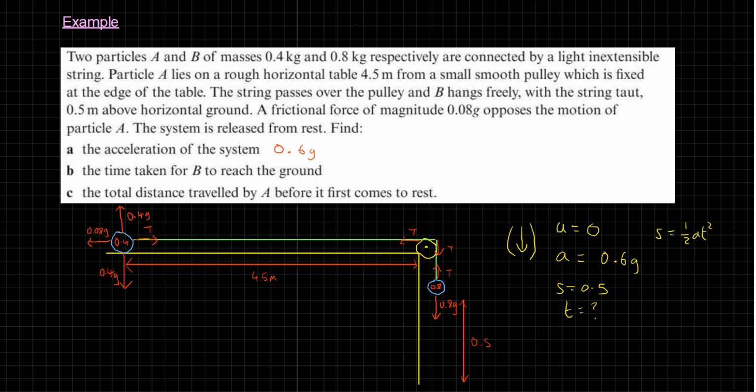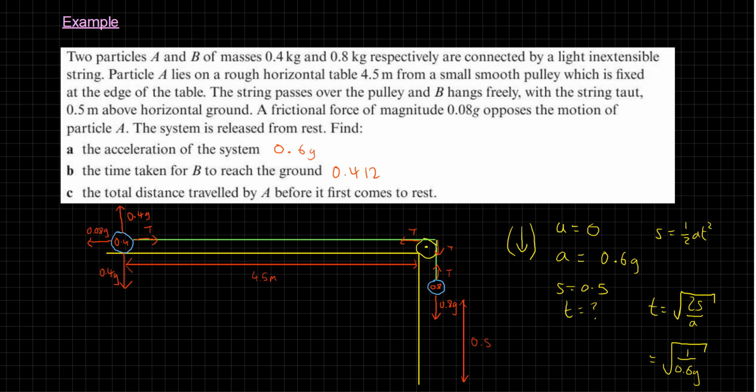Or in other words, t is going to be equal to the square root of 2s over a, which is the square root of 2 times s, which is 1, all over a, 1 over 0.6 g. Take the square root of that, and I'll write the final answer up here in red. That is about 0.412. That's the time taken. Cool.